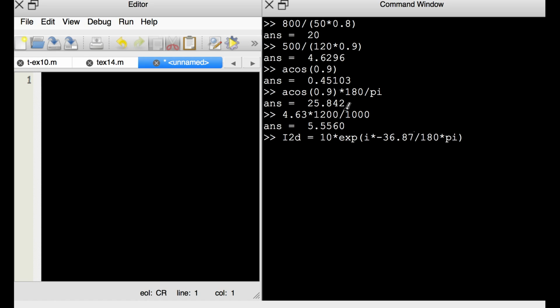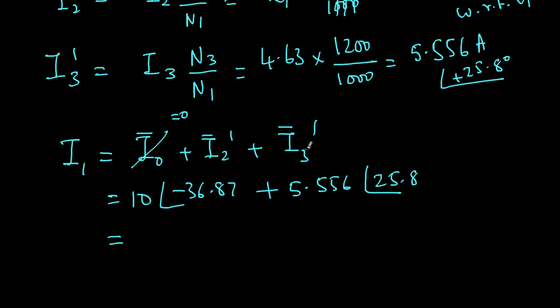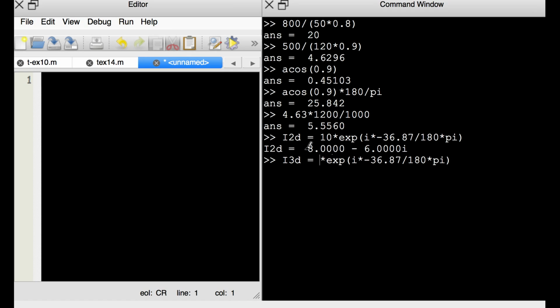So this is the current I2 dash, and then I3 dash is the current because of the third coil. So this is 5.56, and the exponent, and here the angle is 25.8.